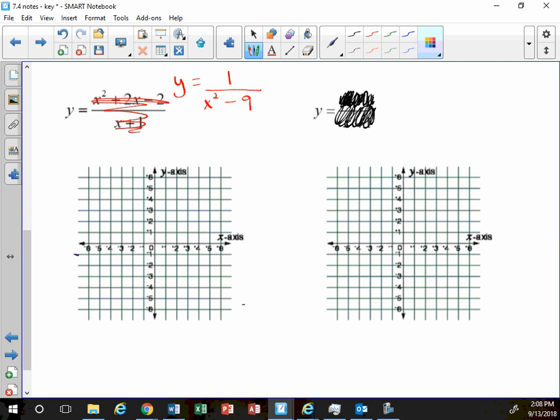Remember, step 1 is factor. Yes, you have 2 vertical asymptotes in this one.